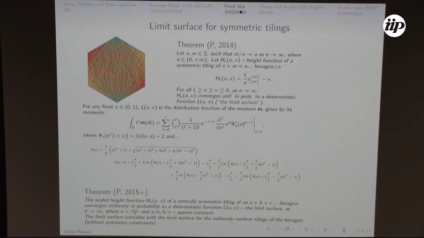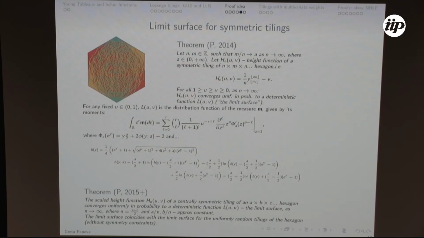So here is what you get. Of course, it's not anything, it's not your friend. The limit surface is not something nice that you can easily compute, and it's always given by some implicit form, and in this particular case it's given by the moments of the deterministic measure which corresponds to this limit surface.